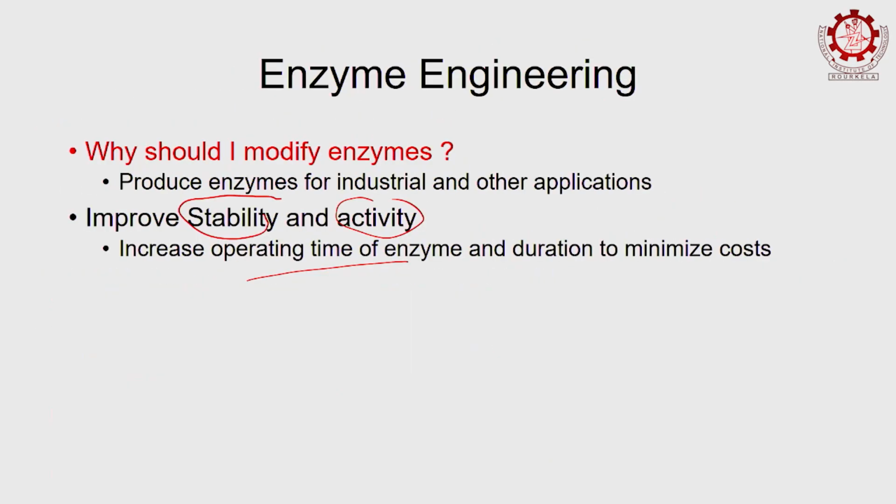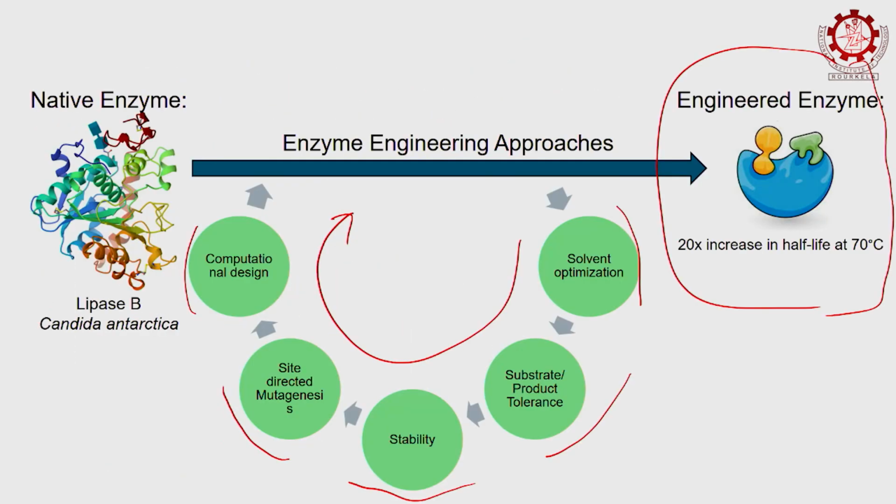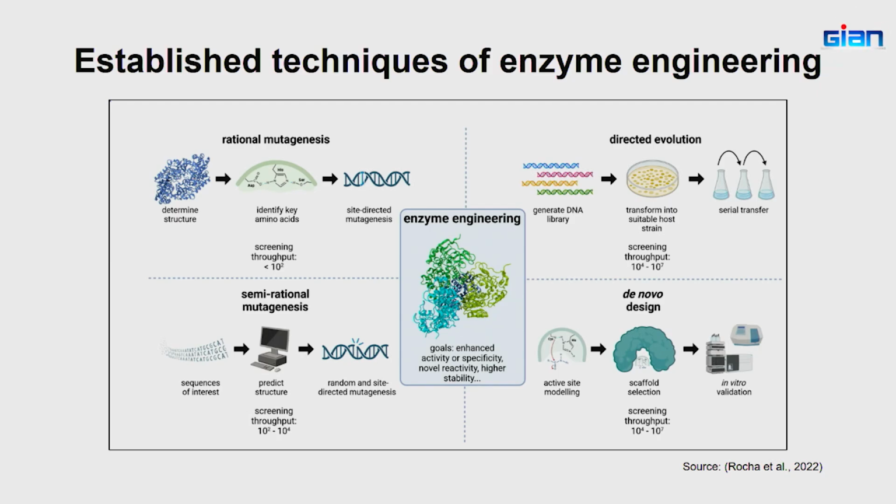Now let's get into the established techniques of engineering enzymes. We have already discussed this. This is your directed evolution, which we talked about. De novo design is brand new design. You take the sequence, you design your own enzymes based on what you want it to work with. This is costly, but sometimes important when you are trying to develop specific drugs.